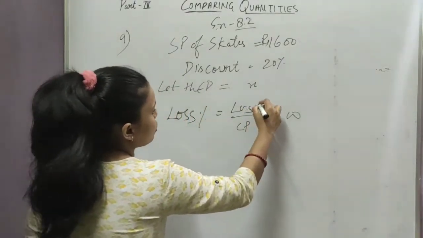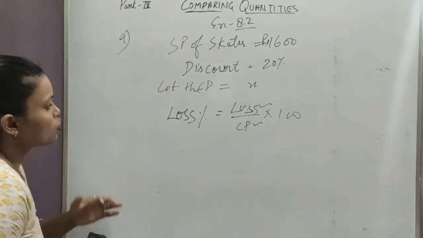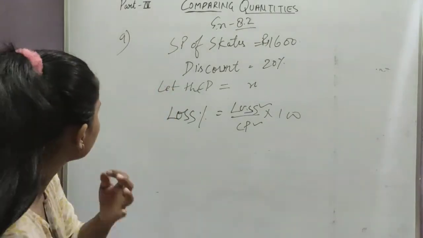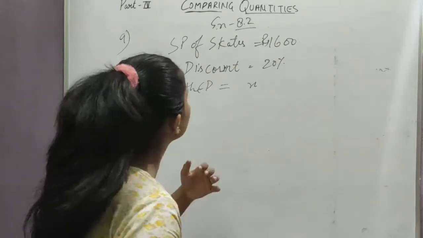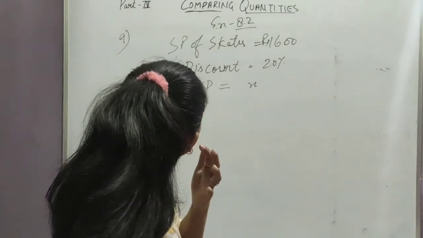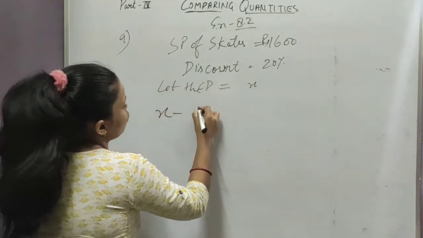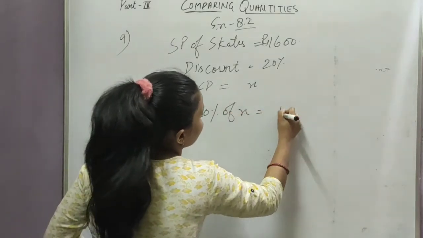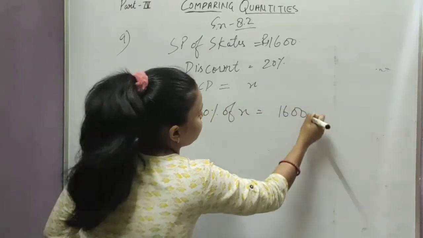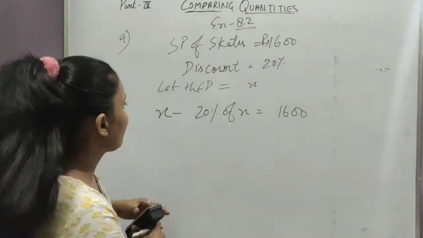So we don't know about the loss and we don't know about the SP also. So what we have to do? We can do X minus 20% of X is equal to 1600. What we have done?